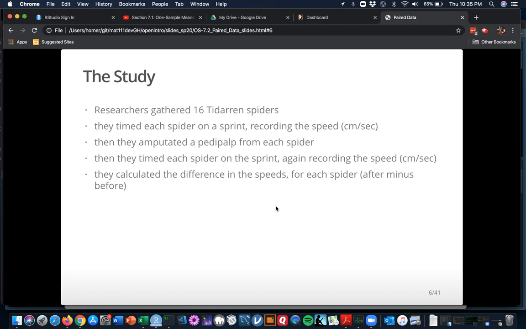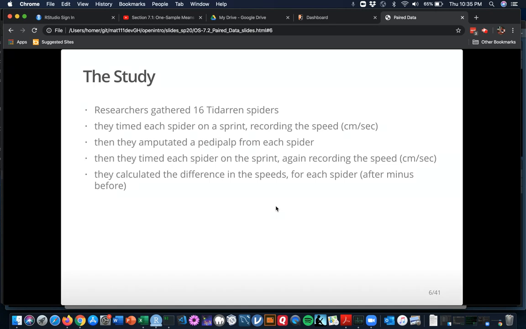And biologists wonder why that is. Is there some particular adaptive advantage that large pedipalps have? Because it seems that large pedipalps might get in the way of a spider, be kind of big and cumbersome.